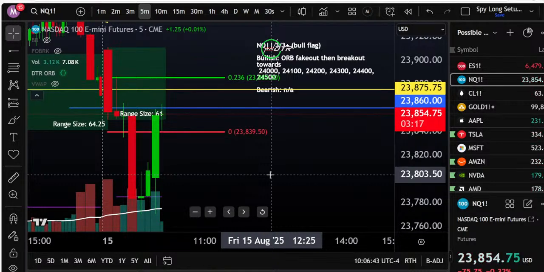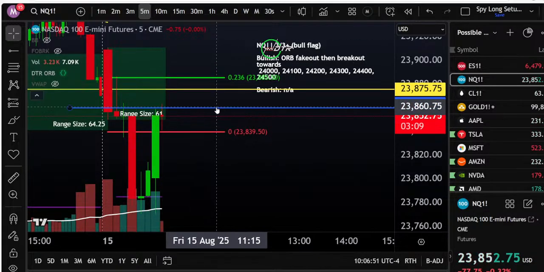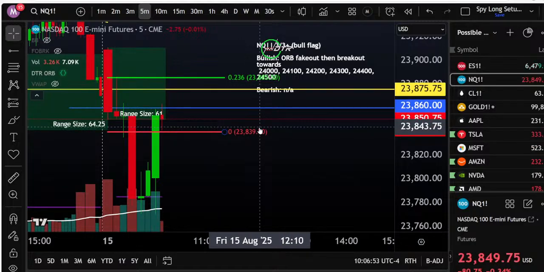I get really deep pullback. Maybe I could go 2. Okay, so I'm back in at 848.75.